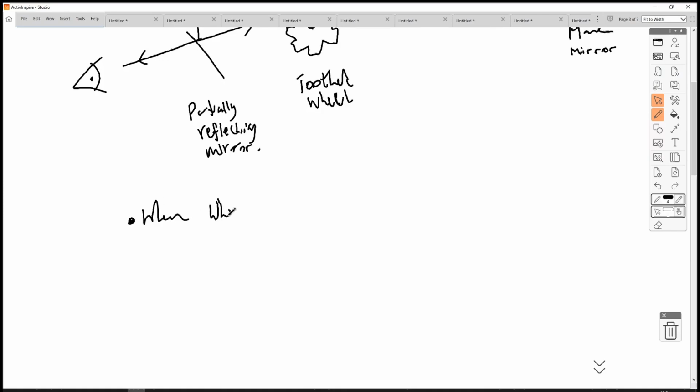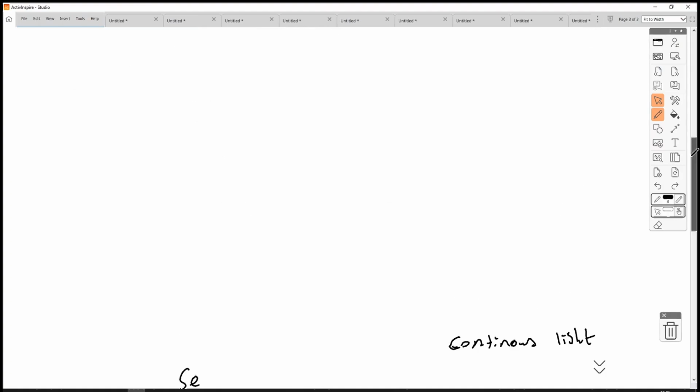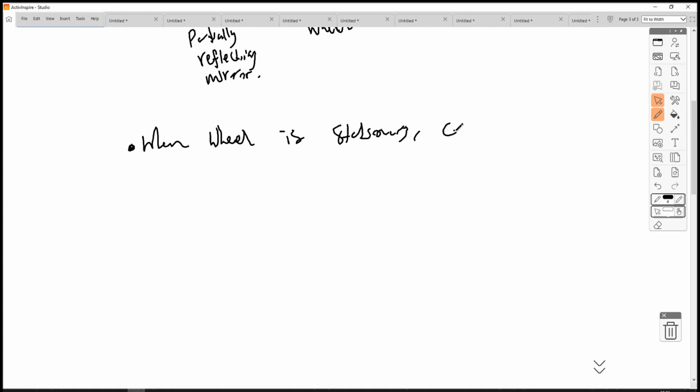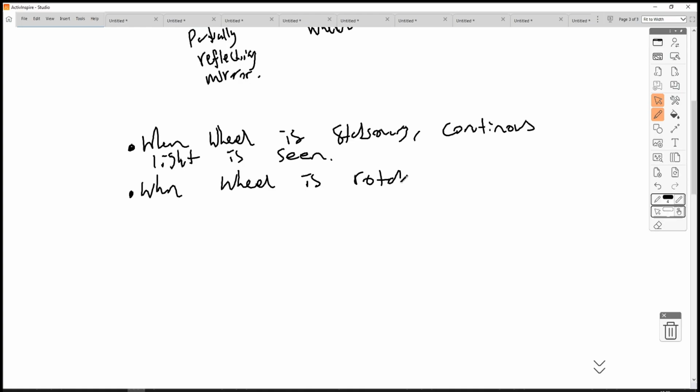So when the wheel is stationary, continuous light is seen. When the wheel is rotating, pulsating light is seen.